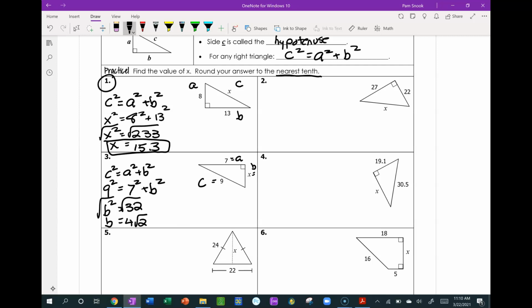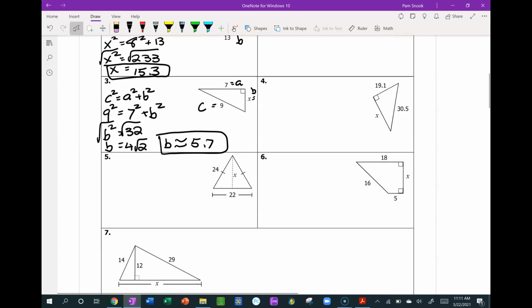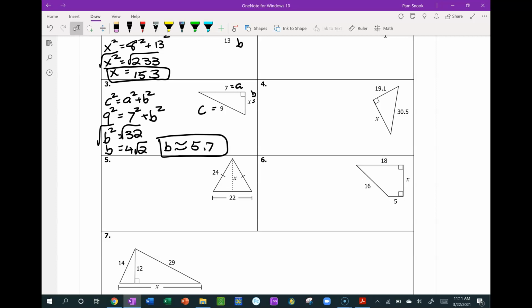And then to round it, just punch in 4 times the square root of 2. I got 5.7. Okay, so we've done one where you're looking for a hypotenuse, and one where you're looking for a side. Now let's take a look at some more examples that are a little bit more complicated.